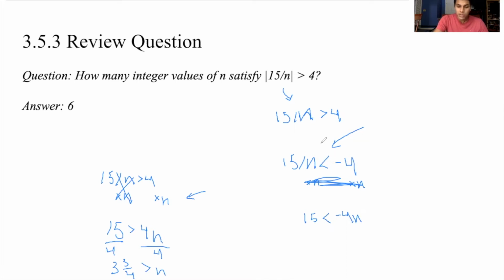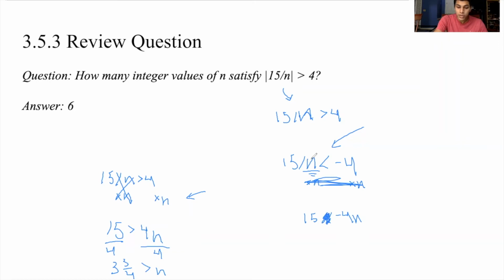But the only numbers that n could be are negative numbers because when you divide by a negative number, that turns a positive number negative. And the only numbers that are less than -4 are also negative numbers. So therefore, in this inequality specifically, n has to be negative. So this is why instead of writing 15 is less than -4n, we're technically dividing by a negative number.